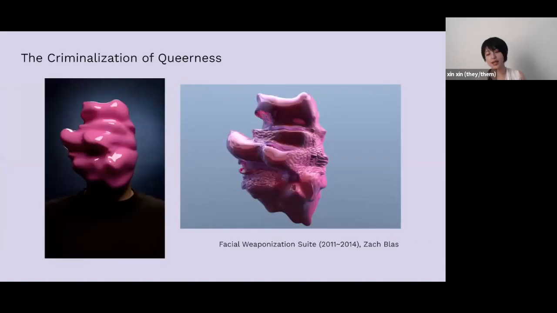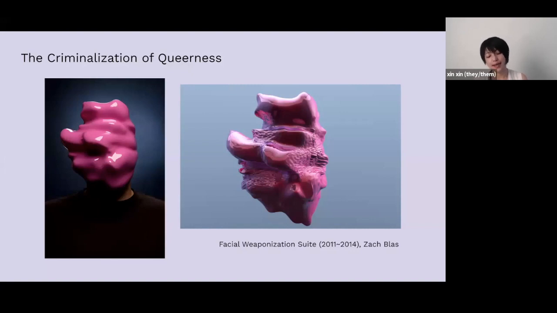Here is a video essay by Zach Blas called The Facial Weaponization Suite from 2011 to 2014. It's a video essay that comes along with a series of workshops that happen over time. I'll link the video essay here so you can go watch them.